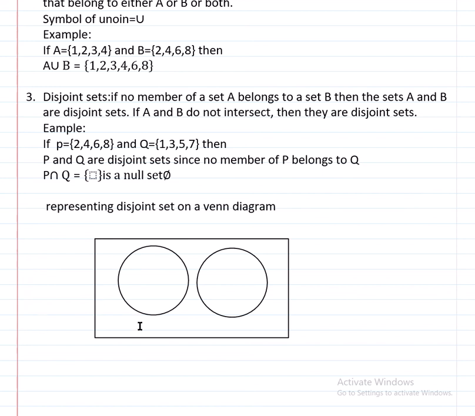So we can say that this is set P, and this is set Q. All right, so let's bring it up a little bit.